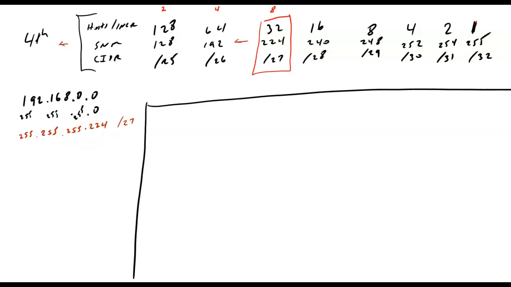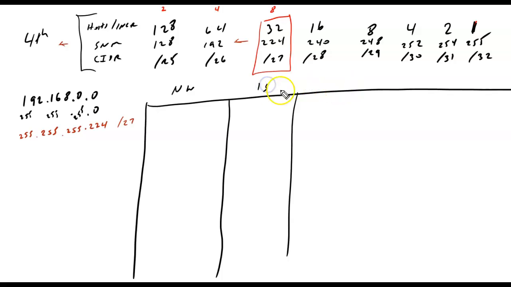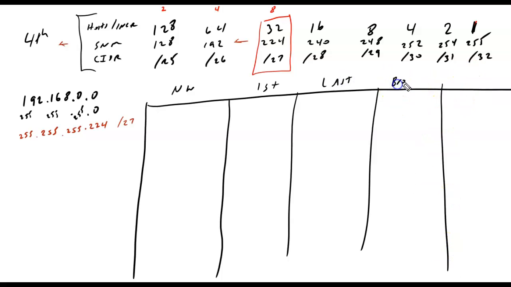Now that I've got that information, I should be able to start making my network IDs, my first, my last, and my broadcast, and the subnet mask.